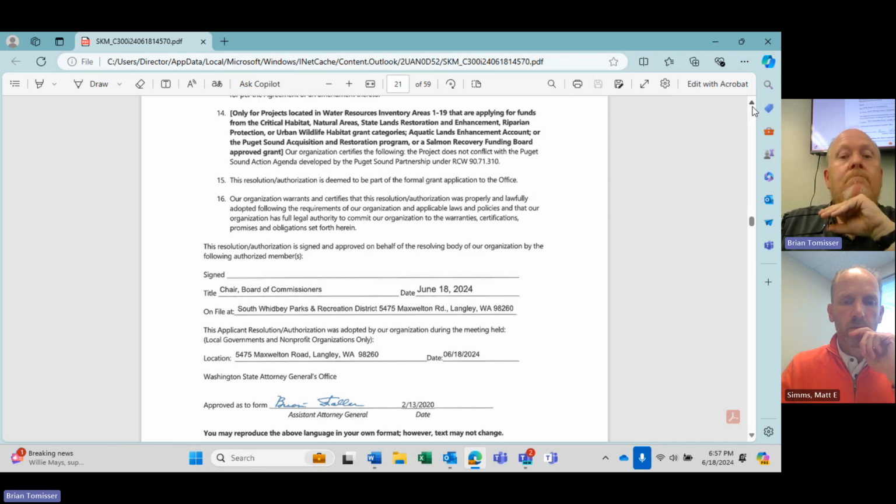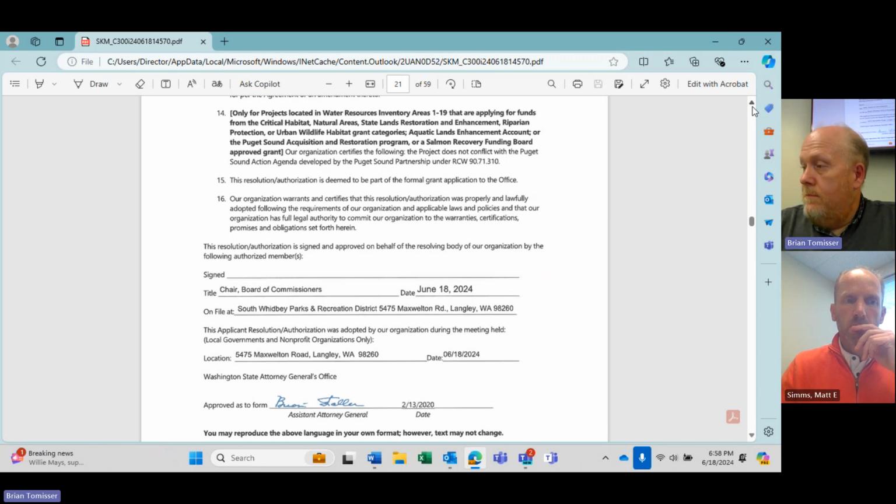I'll entertain a motion. Make a motion to approve the applicant resolution authorization document for resolution 2024-03, project number 24-2007, South Whidbey Aquatic Recreation Center, LWCF.